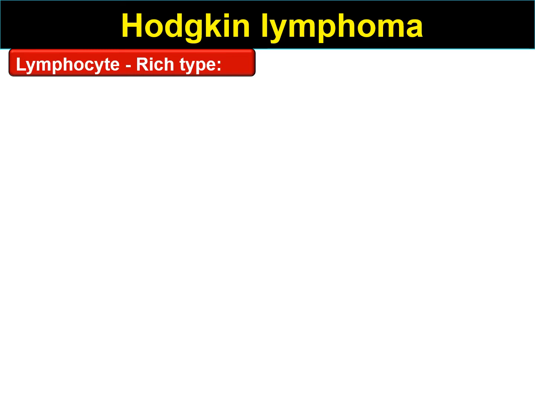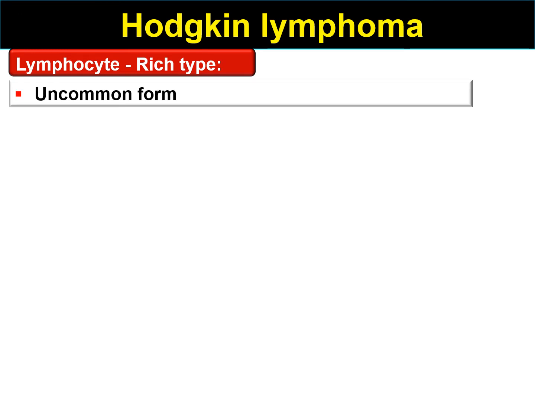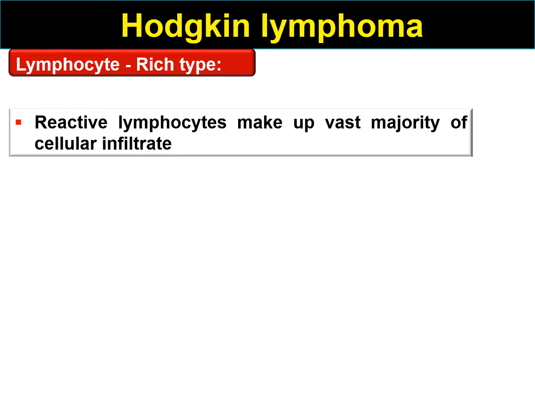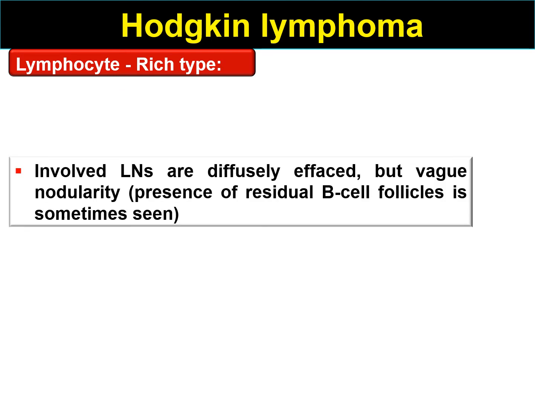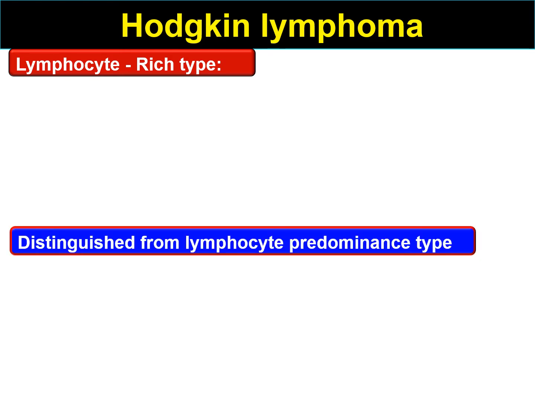The lymphocyte-rich type of Hodgkin lymphoma is an uncommon form, and reactive lymphocytes make up the majority of the cellular infiltrate. The involved lymph nodes are effaced diffusely, but vague nodularity may be seen with the presence of residual B cell follicles.